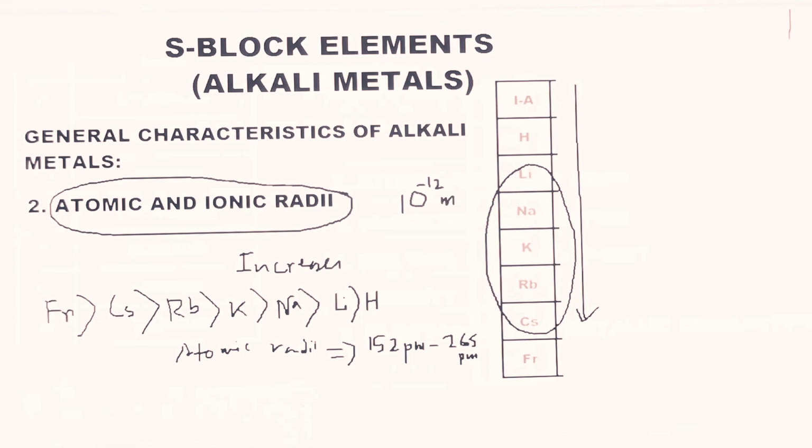So the atomic radii of lithium to cesium vary from 152 picometer to 265 picometer. Clear? So atomic radii increase when going downwards.